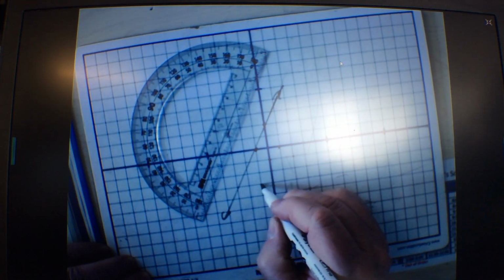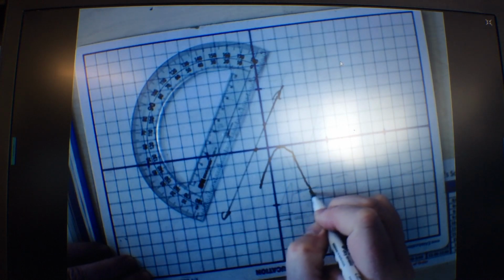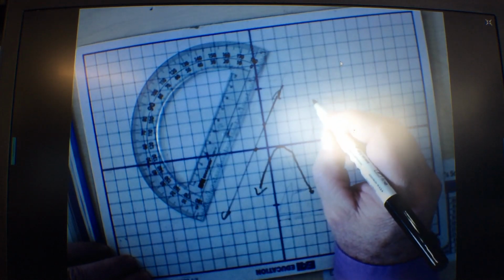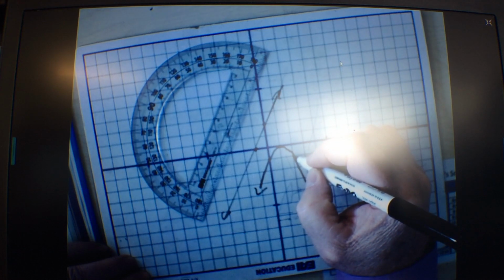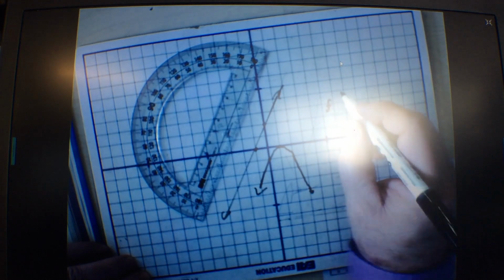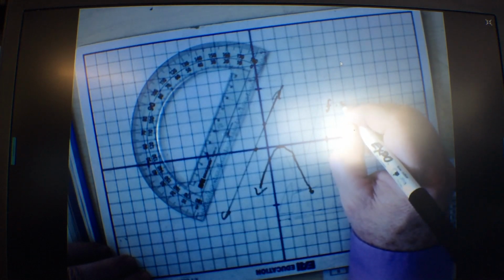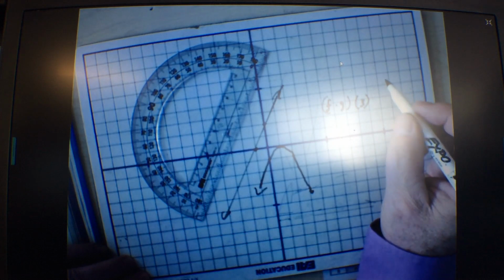So this one happened to be 0, correct? But if I went, it was multiplied, wasn't it? F times g of 3, okay?